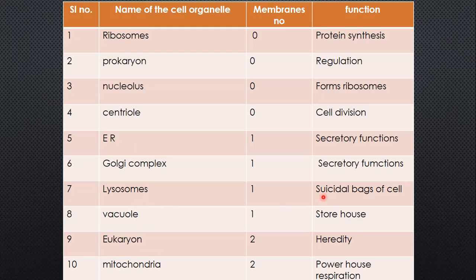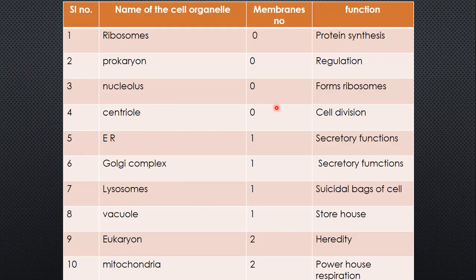And then when you come to the true nucleus, eukaryon, it contains two nuclear membranes which help in heredity. Mitochondria also contain true membranous structures, two membranes, and help in respiration in eukaryotic cells. Along with this, we can also see the chloroplast, which contains two membranes.